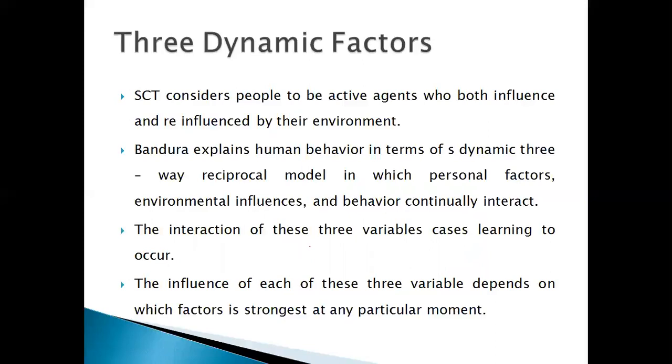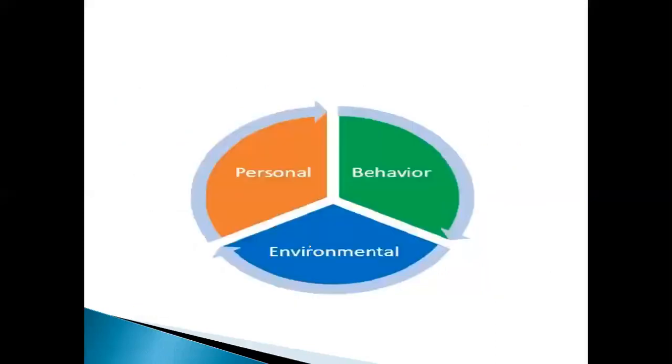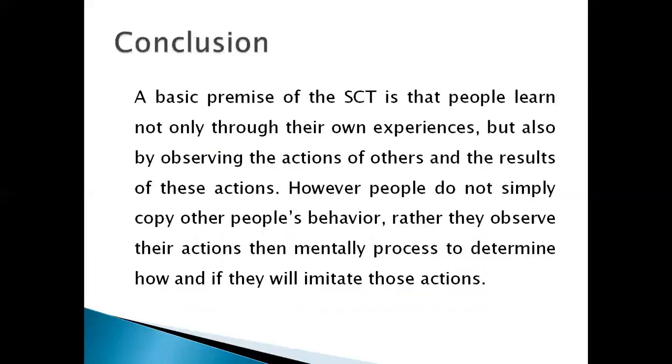This is about your social learning theory. What is the basic thing social cognitive theory depends upon? That people not only learn through their own experience, but also by observing the actions of others and the results of the actions of others.